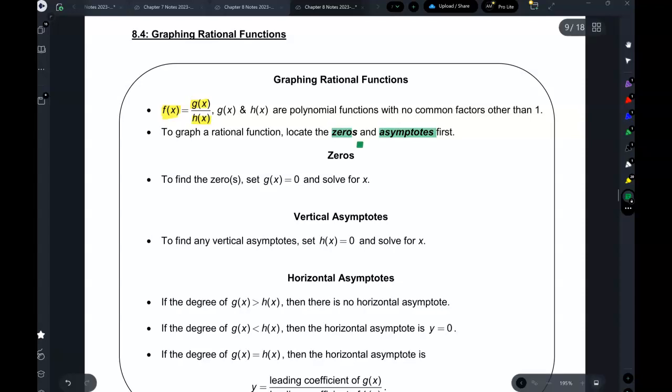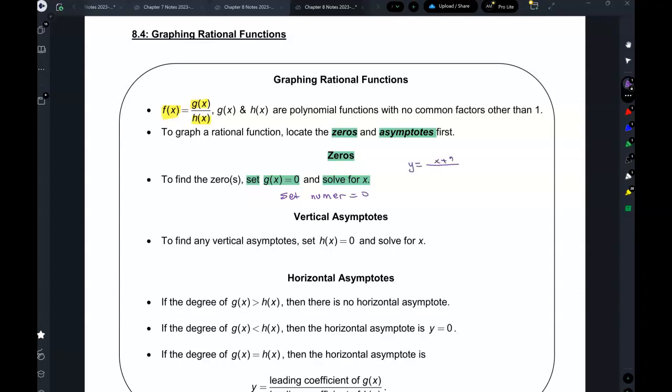All right, so let's talk about zeros. To find the zeros of the function, you have to set g of x equal to 0 and solve for x. In other words, g of x, remember, is the numerator. So you have to set the numerator equal to 0. All right, so for example, suppose we have y equals x plus 2 over x minus 3, right?